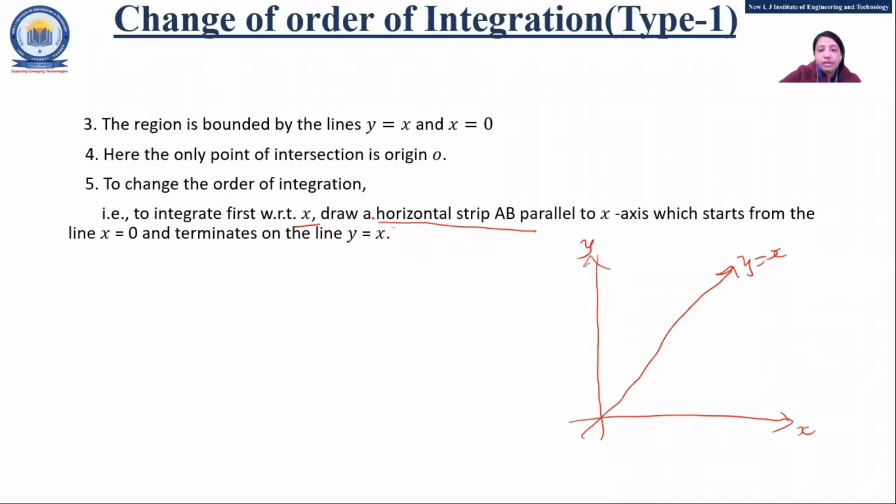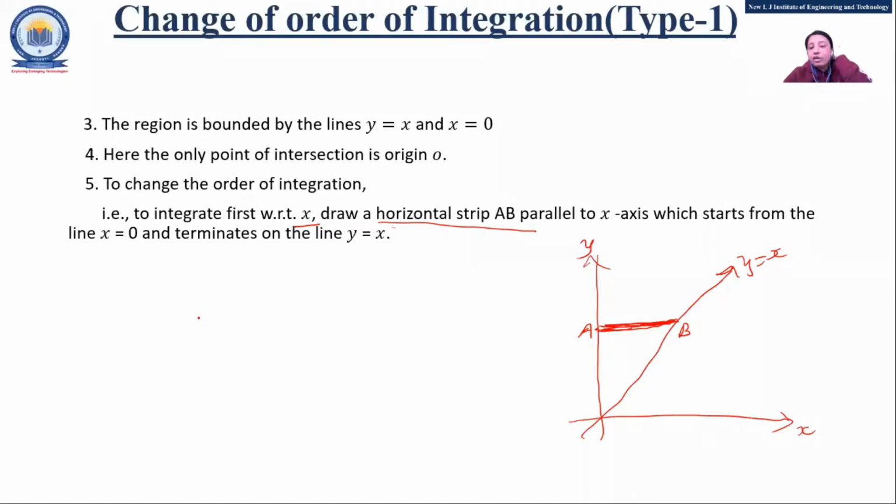Now we draw a horizontal strip, say AB, parallel to the x-axis. It will start from x equal to 0 and terminate at point B, on y equal to x.